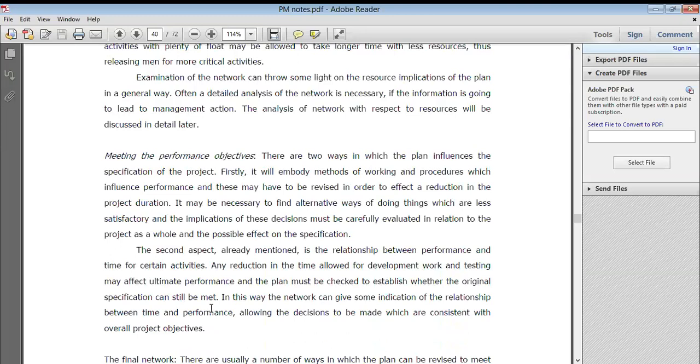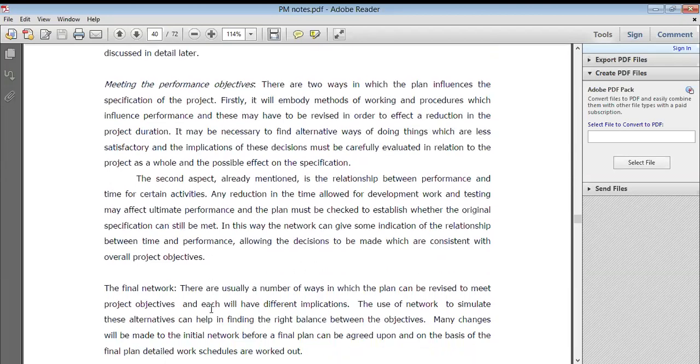Sometimes, due to some error, the work is extended, but the duration is not extended, and whatever time you have been provided, you need to complete the task.